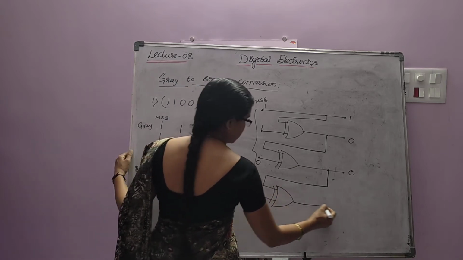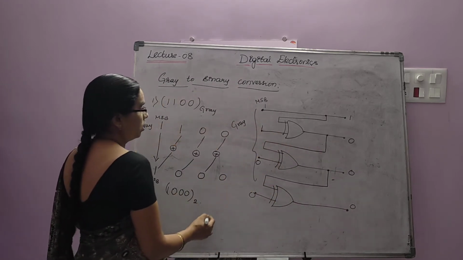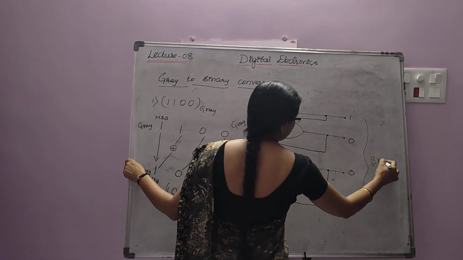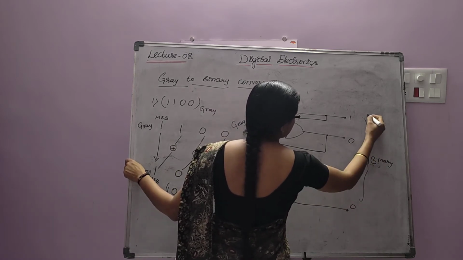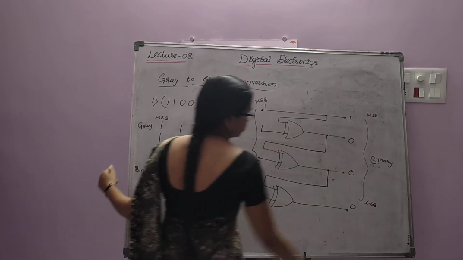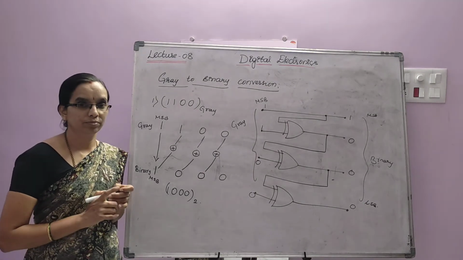Then the answer for 1100 of gray, we will get 1000 of binary. This is gray to binary conversion.